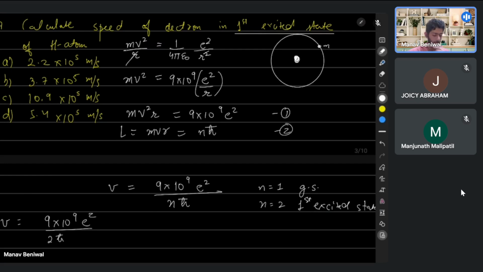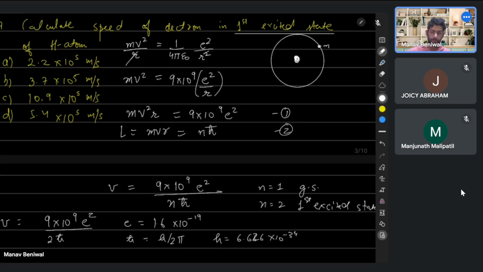Now we know the value of e, which is 1.6 times 10 to the power minus 19, and h cut is nothing but h over 2 pi, and we know h is 6.626 times 10 to the minus 34.